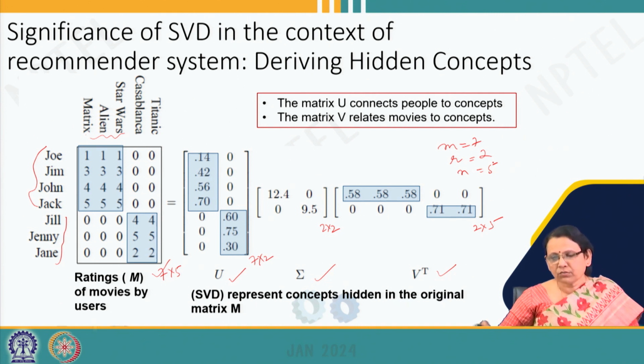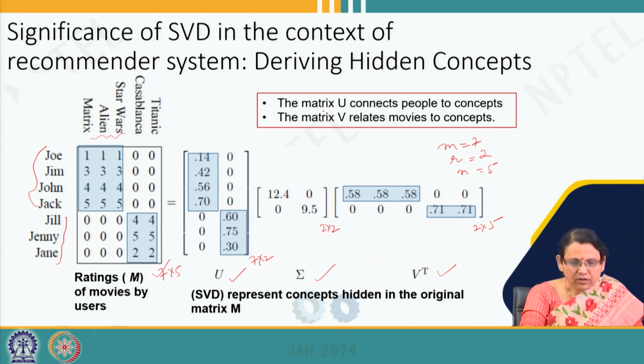So, here we are supposed to note a couple of things. What is to be noted? Look, these 4 people rated movies of one category and the second 3 rated movies in another category. So, if you look at this U matrix, this actually connects these 7 people with 2 distinct concepts.